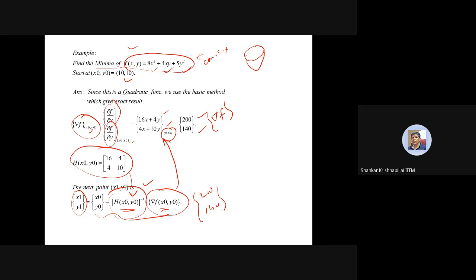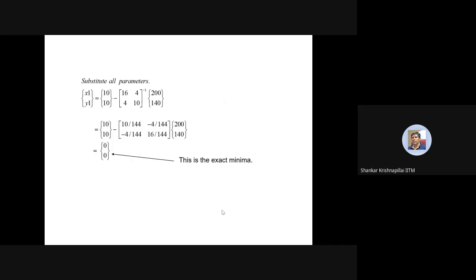Let us see the substitution. x1, y1, the next point where the slope will be equal to 0, is equal to the first point minus the inverse of the Hessian matrix multiplied by del f. If you do all the simplification, you get the exact minima in one step. You are getting the exact minima in one step because it is quadratic and also convex.